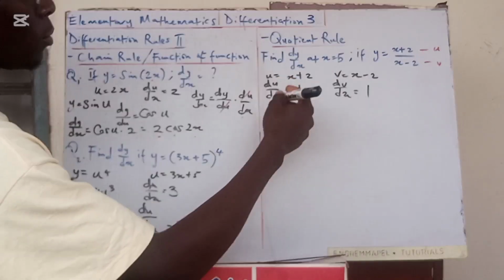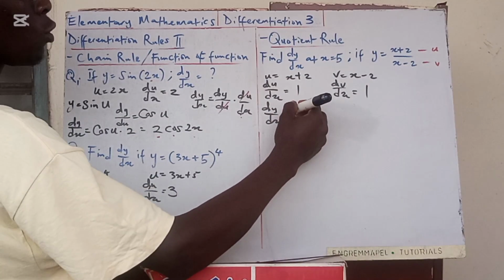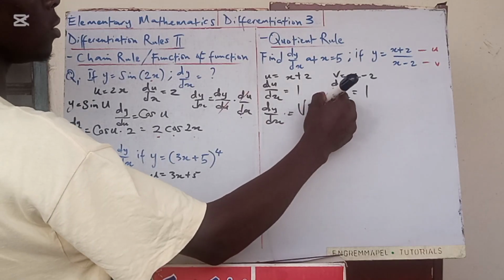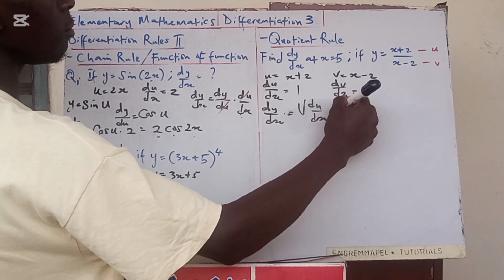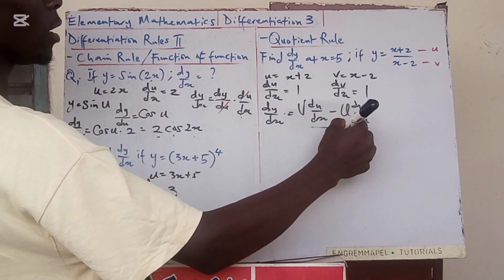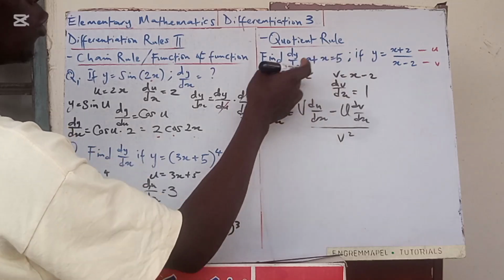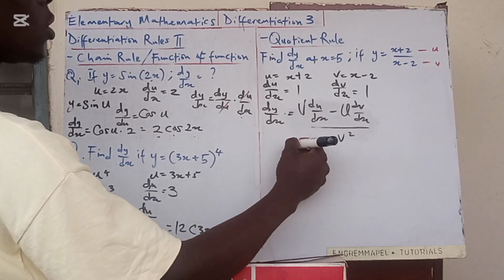Now, you insert the formula. The formula for dy/dx for quotient 2 is (v du/dx minus u dv/dx) over v squared. So having known that, you just pick what you have gotten before. Your v is what?